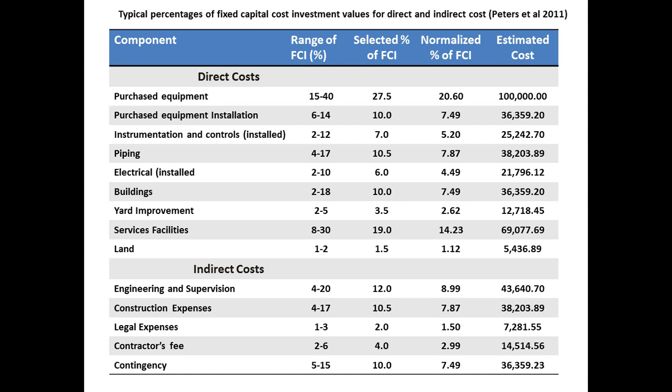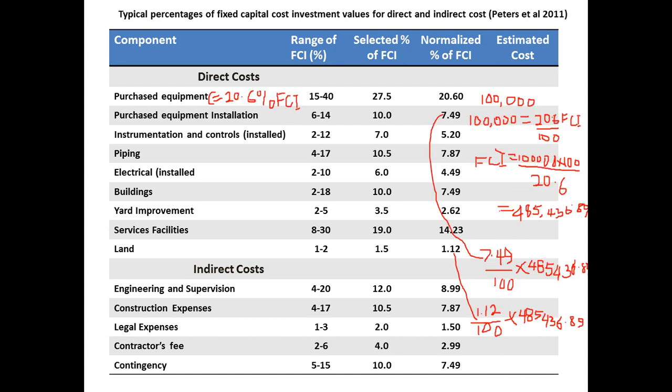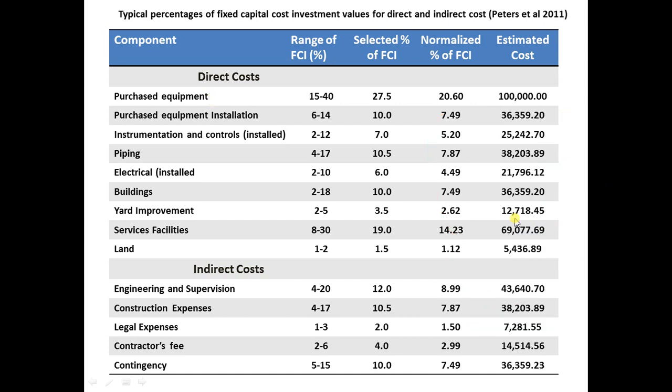The second part, you've already answered it. The second part is asking you to find the fixed capital investment, and that is what you have calculated here. It's the same thing as just adding all of these. The fixed capital investment is also the addition of all of these.